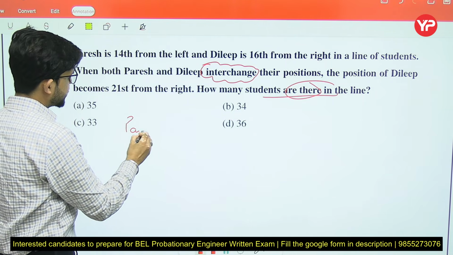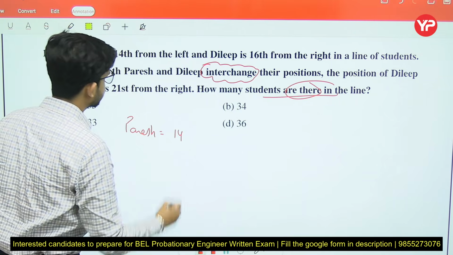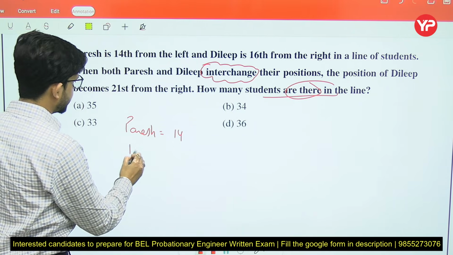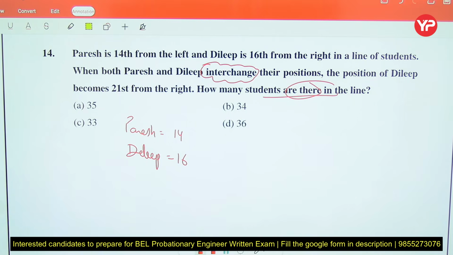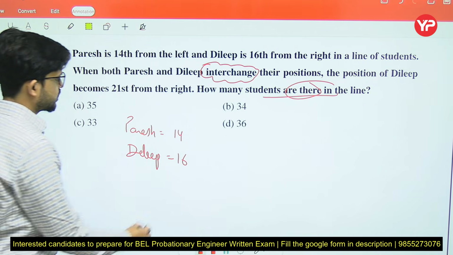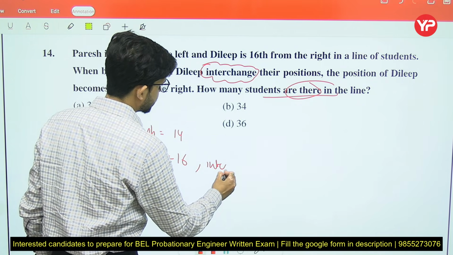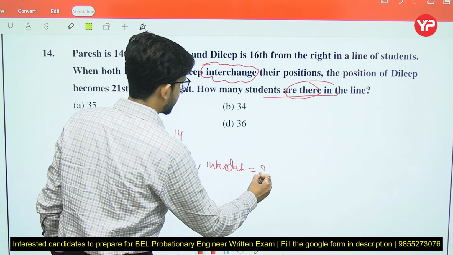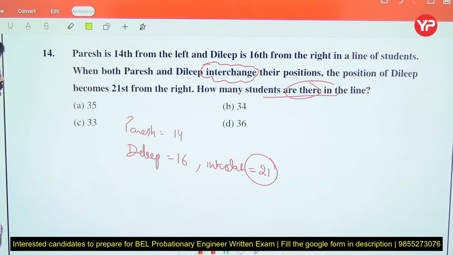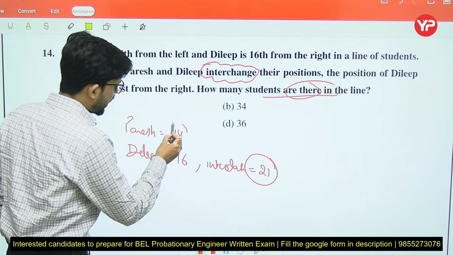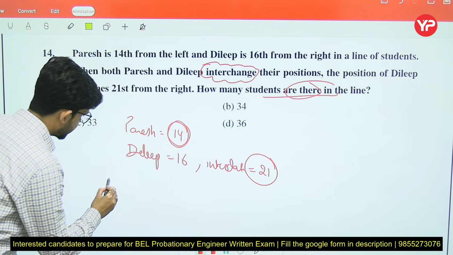We know that Paresh's ranking is given as 14th and Dilip's ranking is given as 16th. When both interchange their positions, Dilip's position is 21st. So remember, in the case of interchange, whoever has only one ranking, take that ranking.